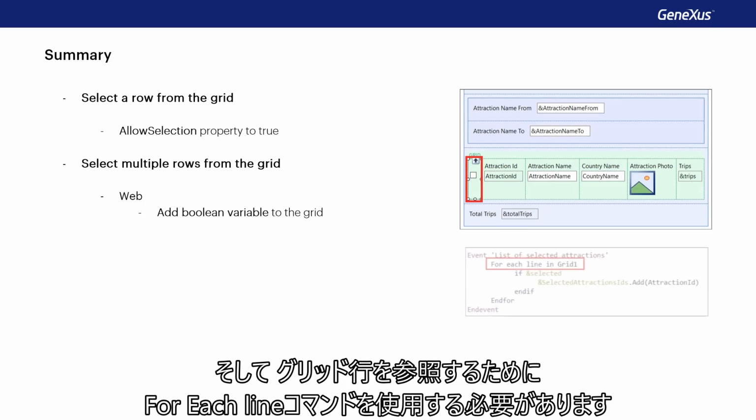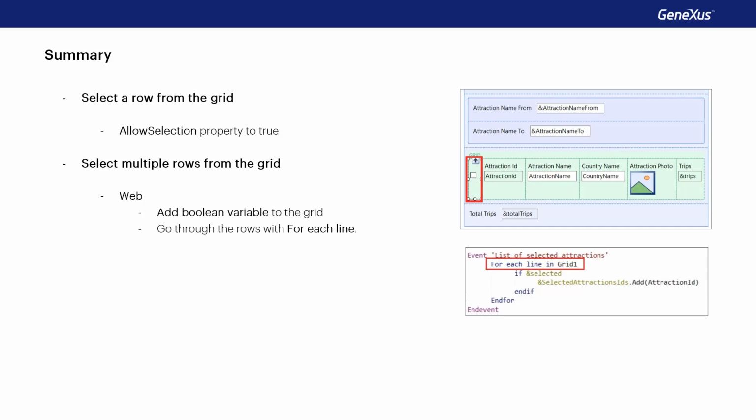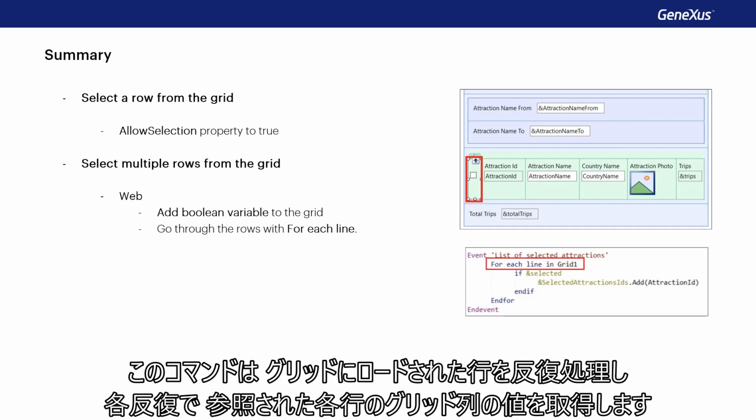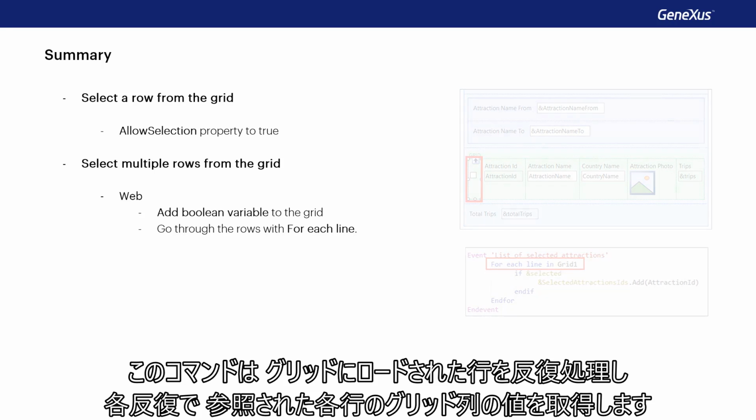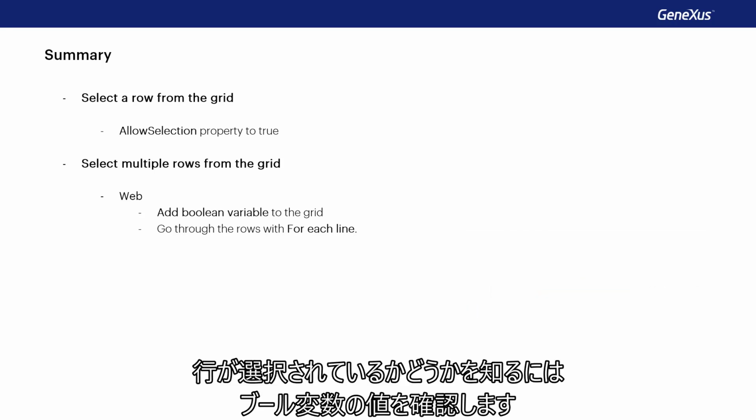Then, to run through the grid rows, the forEachLine command must be used. This command iterates over the rows loaded in the grid, and for each iteration, we'll obtain the values of the grid columns for each row run through. To know if the row was selected or not, we'll check the value of the Boolean variable.